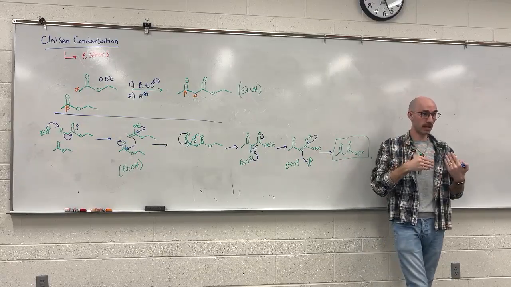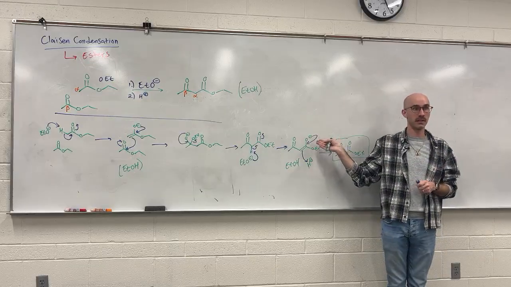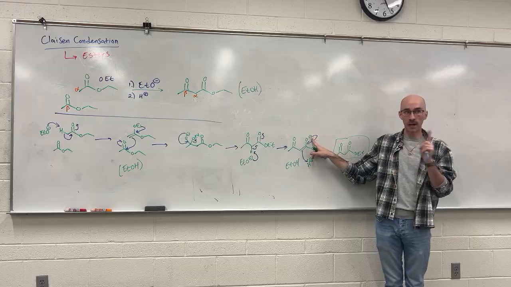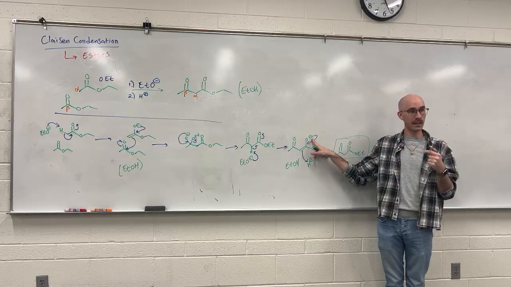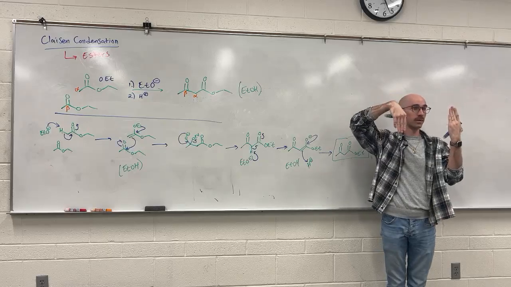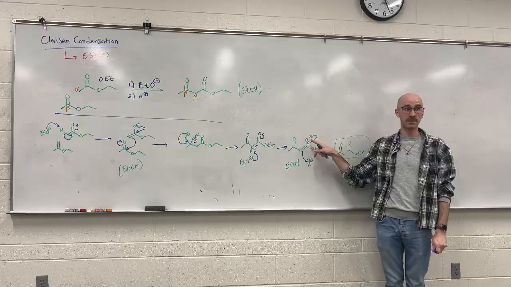Oxygen is more electronegative, so oxygen is happy to hold on to electrons. But remember, those electrons are not on oxygen. They are in an orbital that is split between oxygen and carbon. Oxygen is happy to hold them.